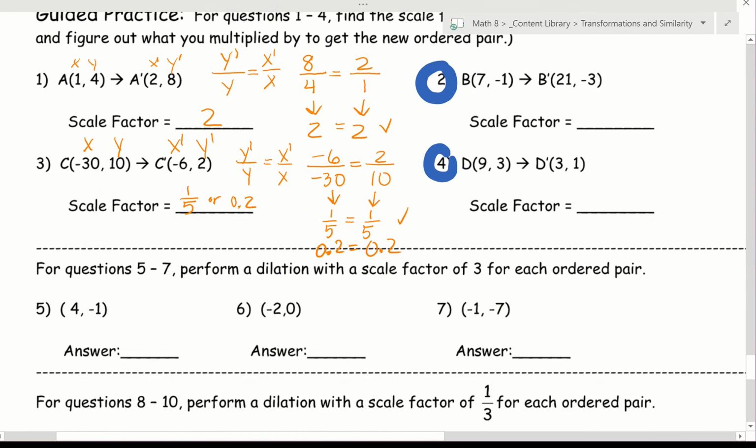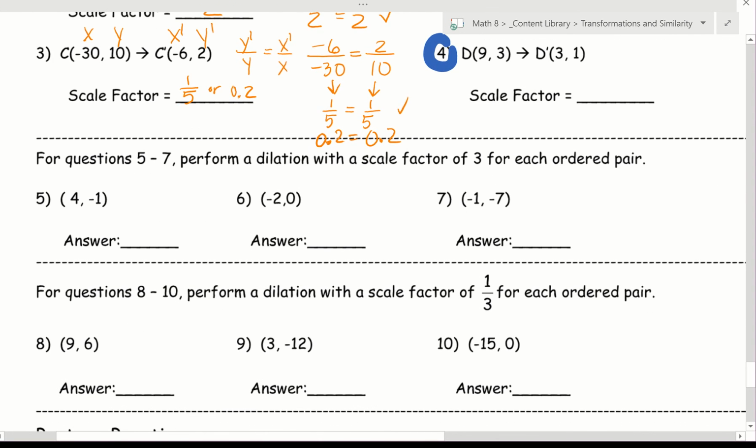Okay, let's scroll down. For questions 5 to 7, perform a dilation with a scale factor of 3 for each ordered pair. So this is a scale factor of 3. That means I'm going to multiply both of my coordinates by 3. So this is my x, this is my y. I'm going to have to do x times 3 and then y times 3. So this becomes 4 times 3 is 12. Negative 1 times 3 is negative 3. That's my answer.